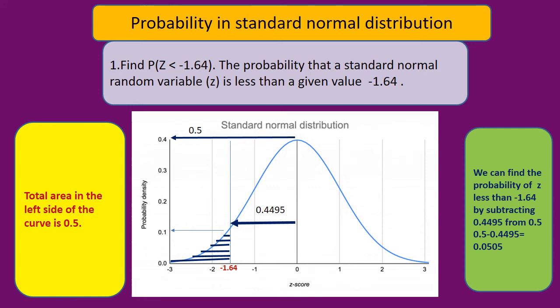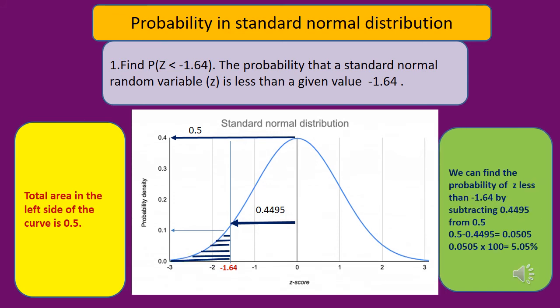Then out of 0.5, if you reduce 0.4495, you can get the shaded area probability. You need to subtract 0.4495 from 0.5. Thereafter you can get the answer of 0.0505.